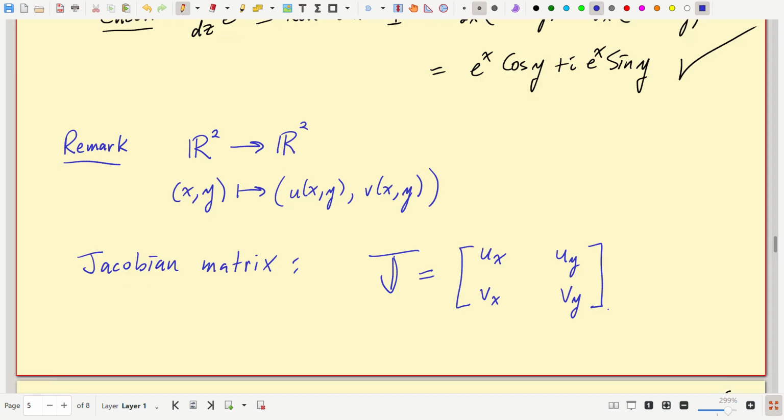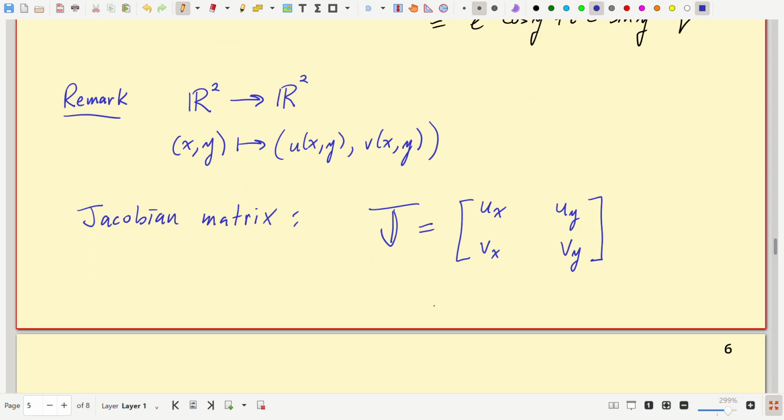And when you think about what the Cauchy-Riemann equations mean, that's equal to, let's see, du dx, I'll call that A. du dx is equal to dv dy. And du dy, let's call that B, is equal to minus dv dx.